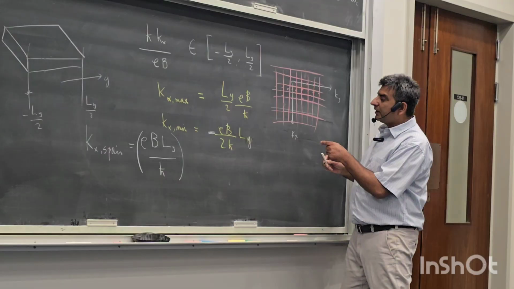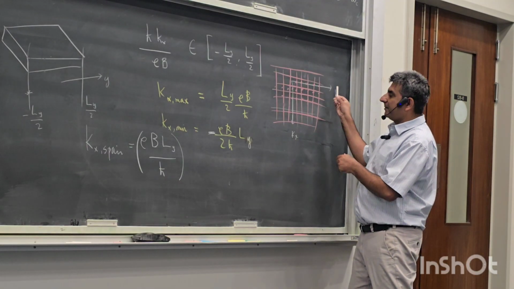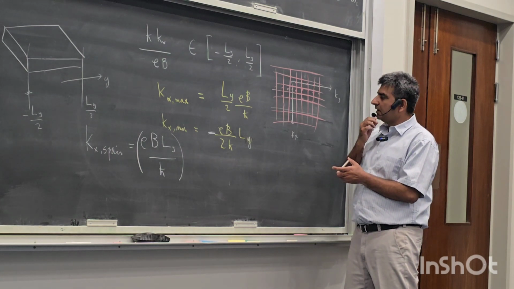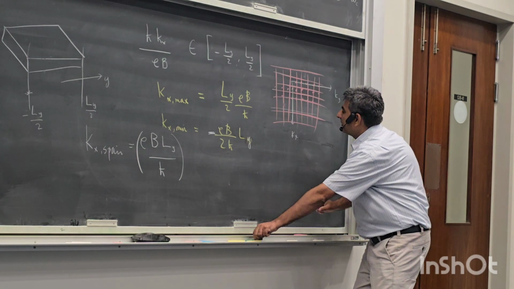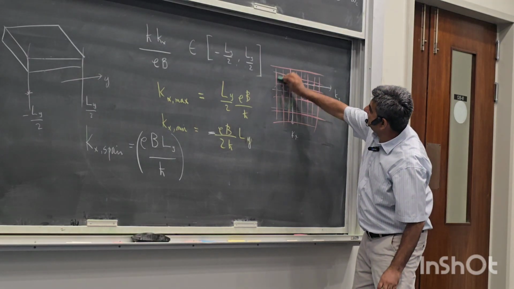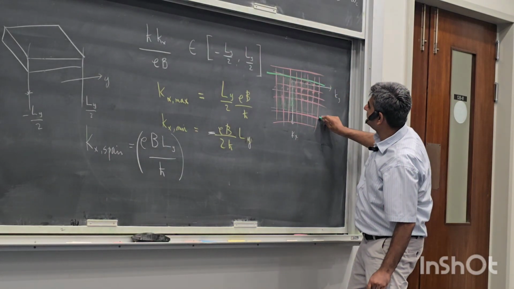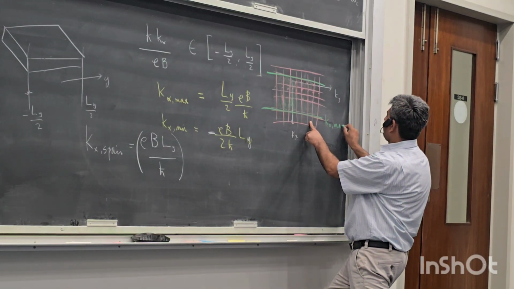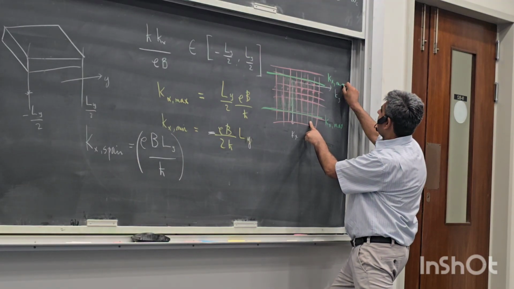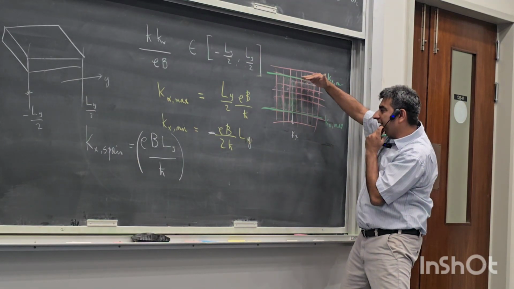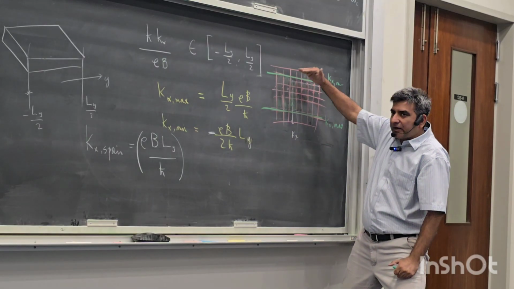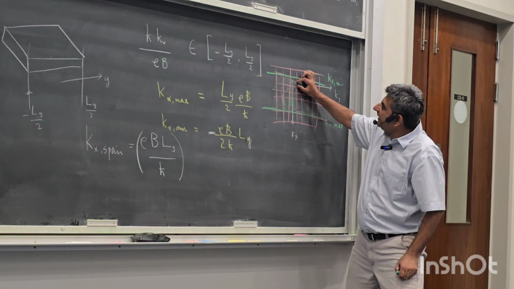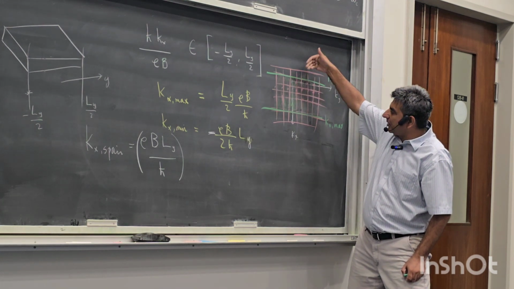Now if I look at the y dimension, this is the total span allowed for x. So this is my Kx minimum, this is my Kx maximum, right? Now how many Kx points exist in this one dimension? What's the size of each K cube along this dimension?